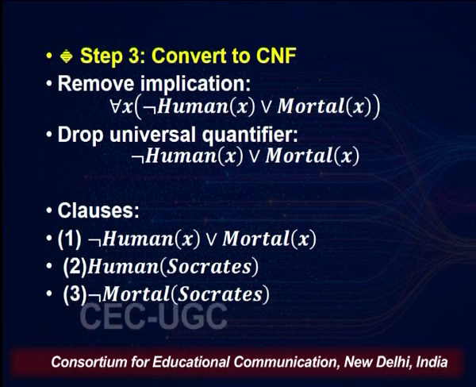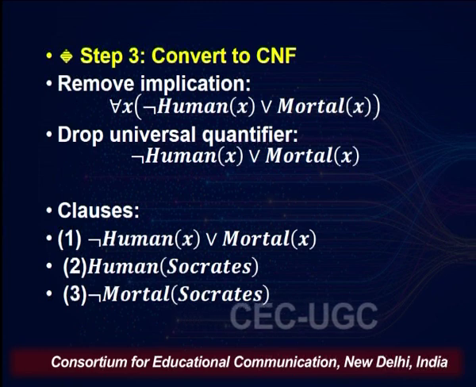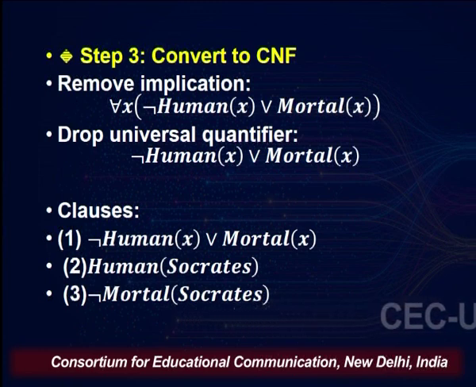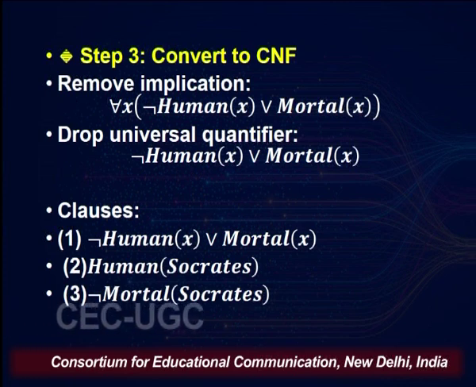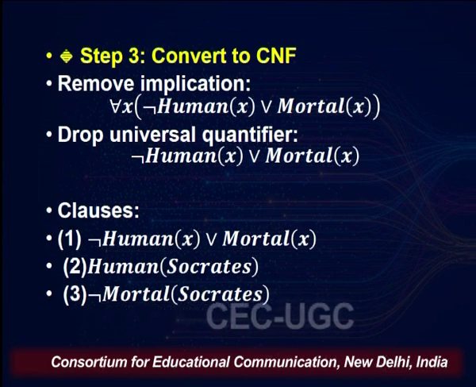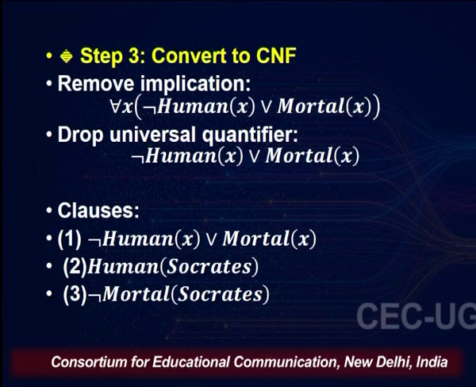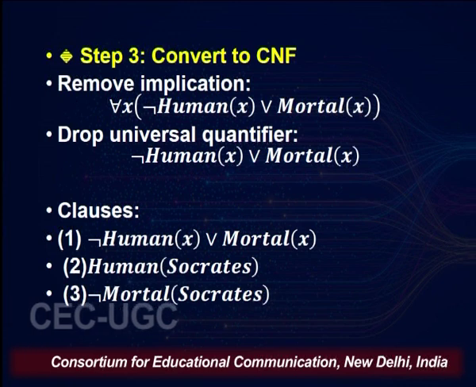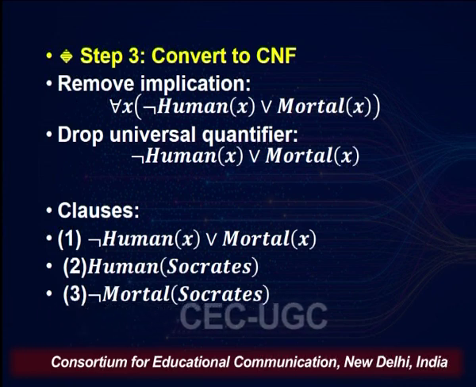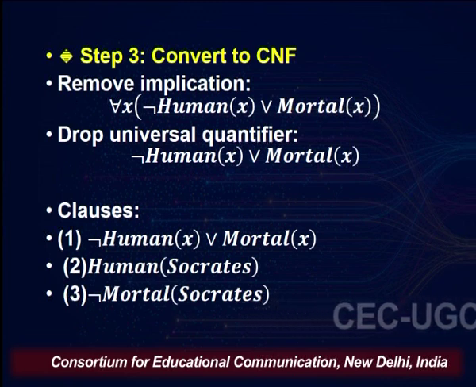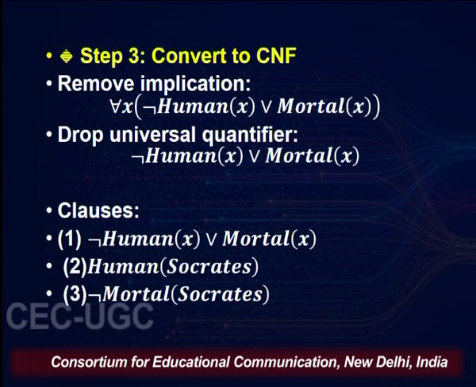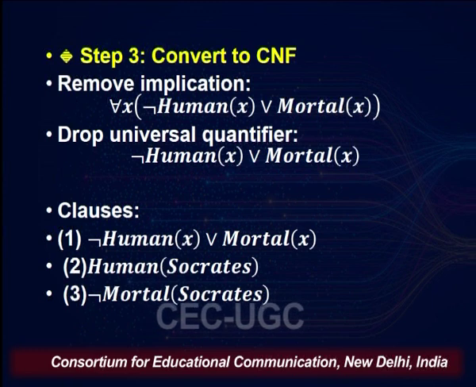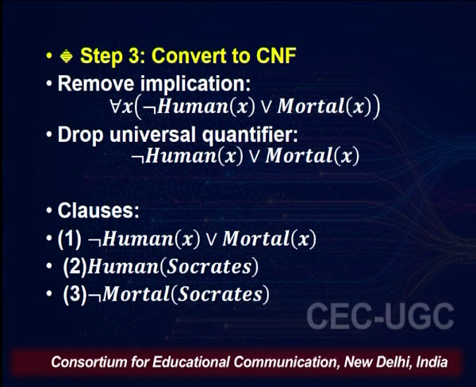In order to remove the implication from the first clause, which says human(x) implies mortal(x), the equivalence rule gives negation of human(x) or mortal(x), and this is done for all x. There is a universal quantifier before this clause, so the total comes as for all x, negation of human(x) or mortal(x).